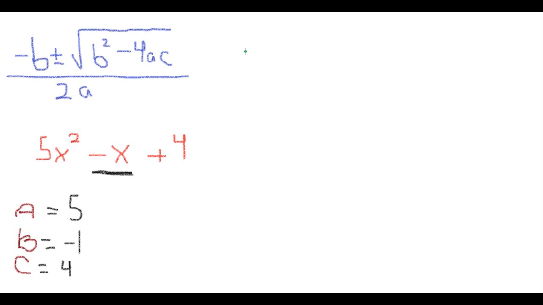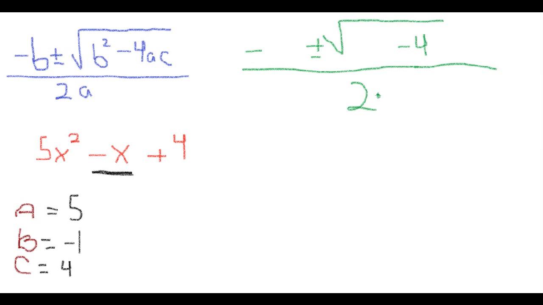Now we just have to plug in the numbers. So we have minus b, plus or minus the square root of b squared minus 4ac, over 2 times a.